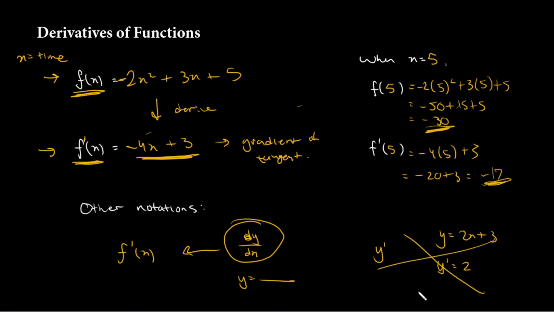Some people will write it in this way, and it might be worth realizing, but the prime of a certain value is used in many different ways in mathematics, so it might be confusing if you use this consistently for derivatives only, because it will confuse you later on. Try and stay away from this notation. This is the correct way to write it, and dy/dx is a synonymous way. It's the exact same thing.